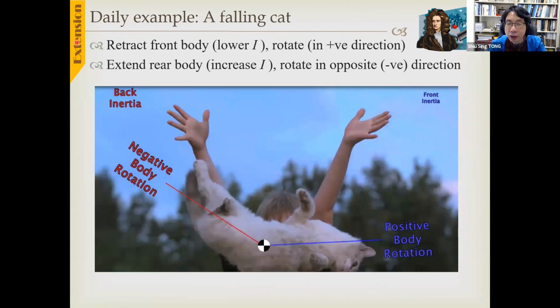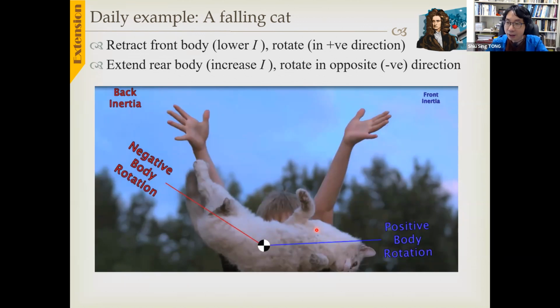Now this is just for fun. Okay. Have you seen a cat falling from a great height? The cat is able to turn his body, right? In mid-air, the cat is turning his body, so it's able to land with his 4 feet facing the ground, and that increases the chance of survival.